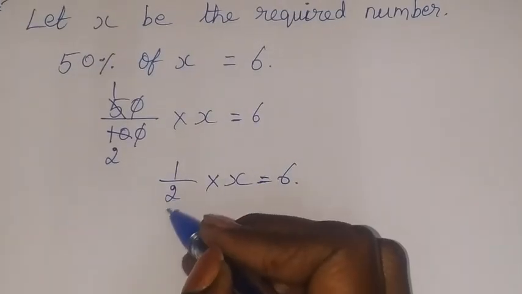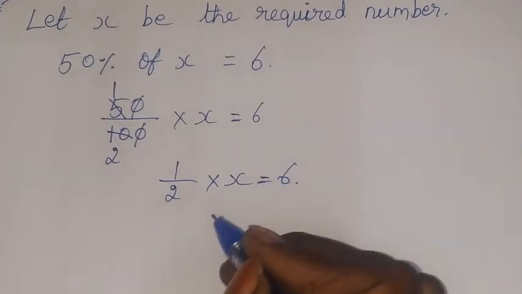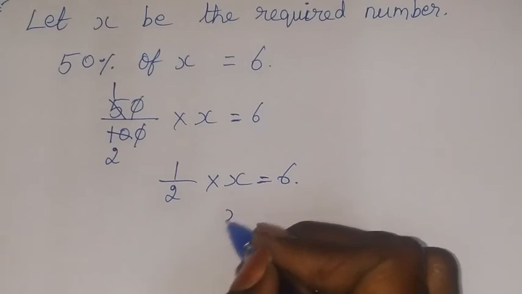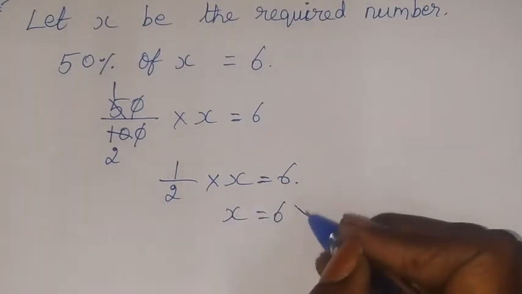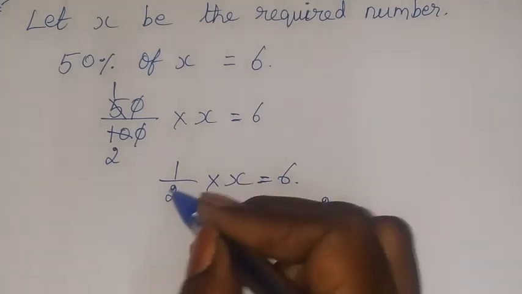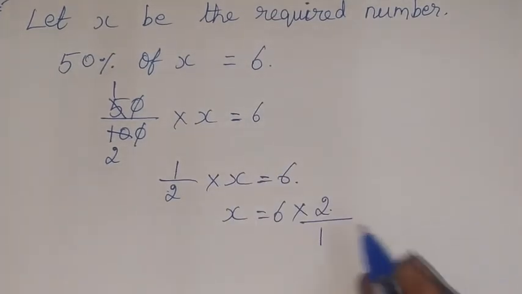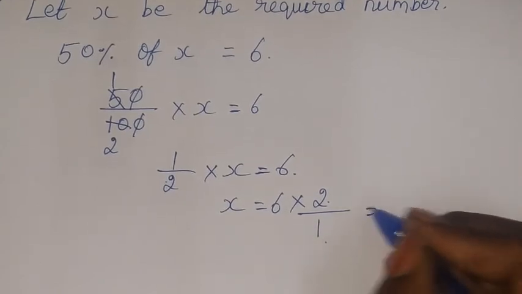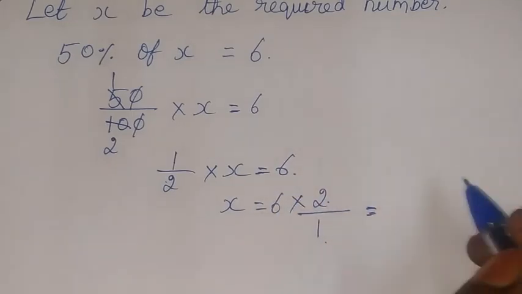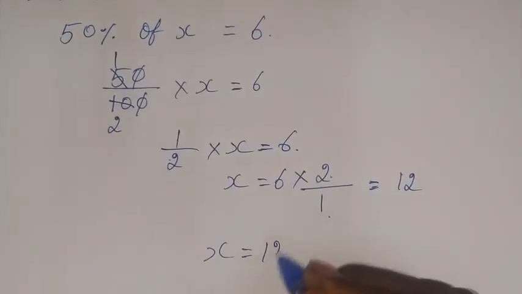When a fraction number is moved to the opposite side of the equal to sign, it will get reciprocated. So x is equal to 6 as it is. This 1 by 2 will be reciprocated, so the denominator 2 will go to the numerator and numerator 1 will come to the denominator. As the denominator is 1, we can't simplify more than this. We have to multiply the numerator and write it as the answer. 6 2s are 12. So x is equal to 12 is the required answer.